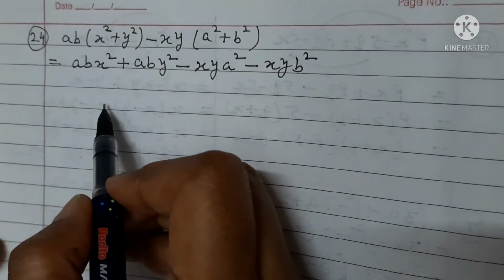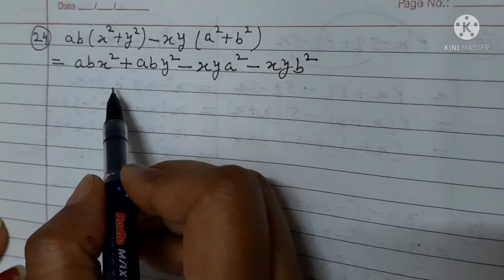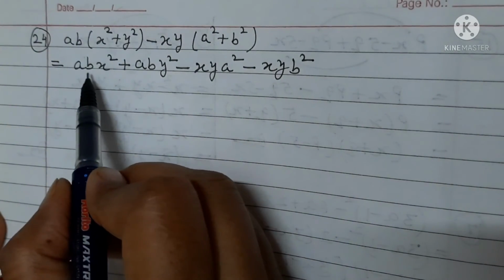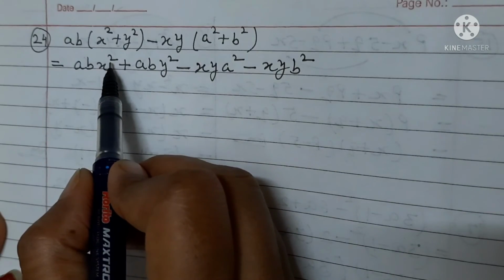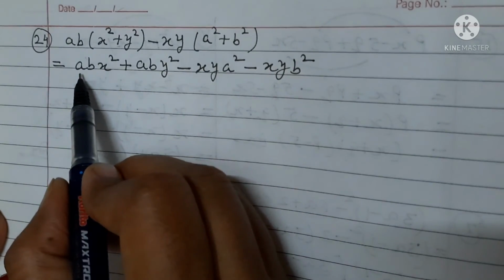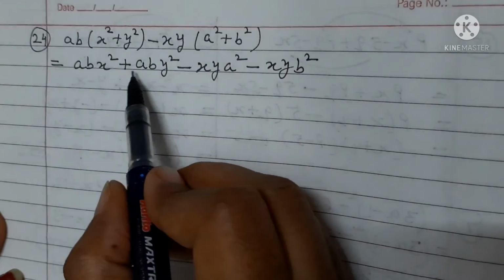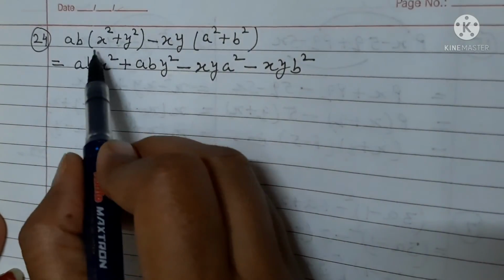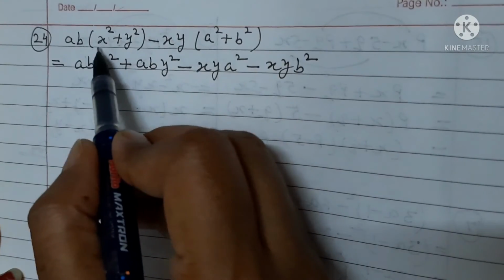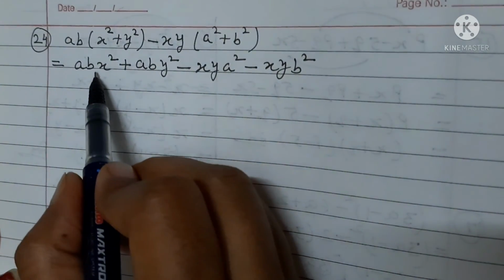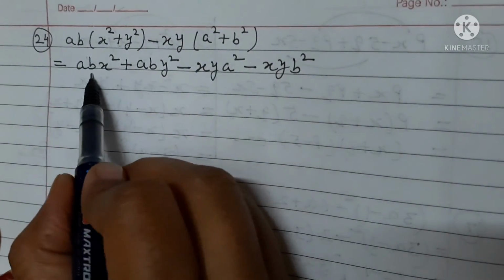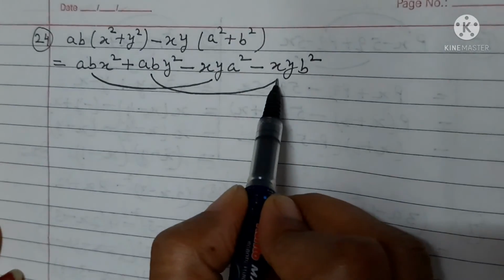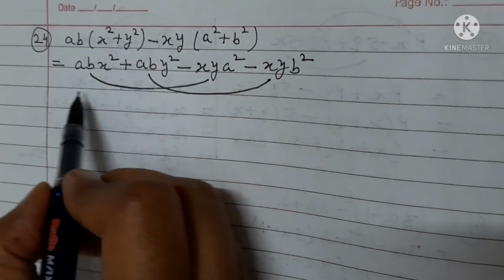Now make groups so that we can take a common factor. Here abx² and aby² are given first, so you can't make that group again. Try taking other terms together.